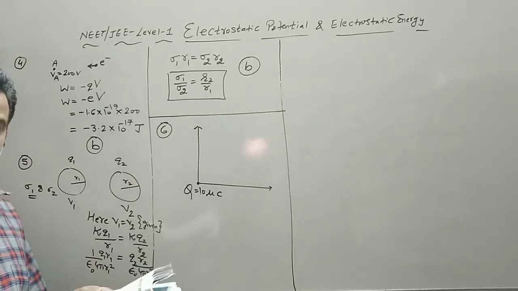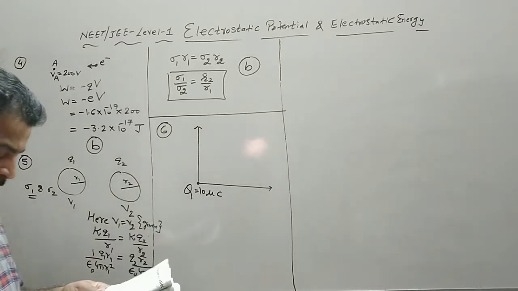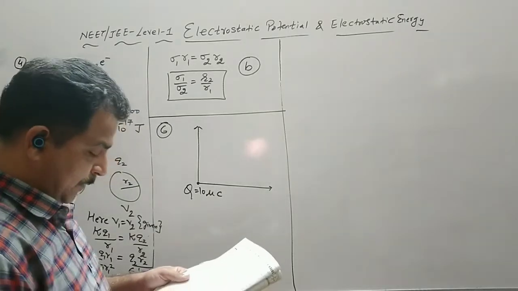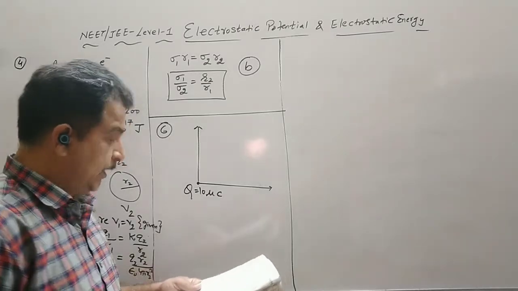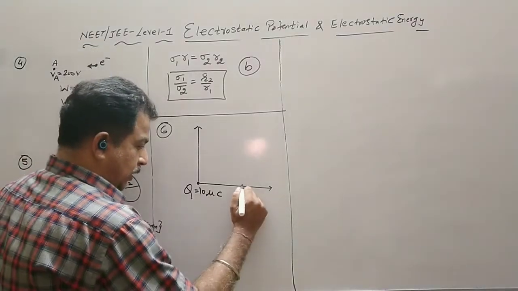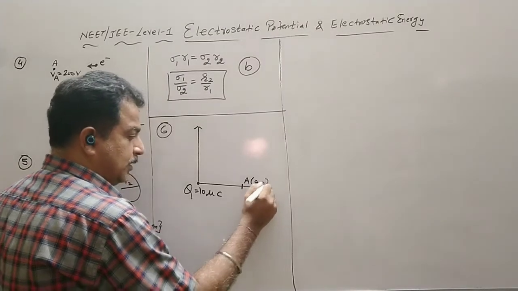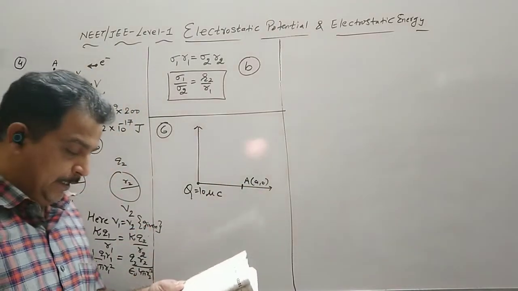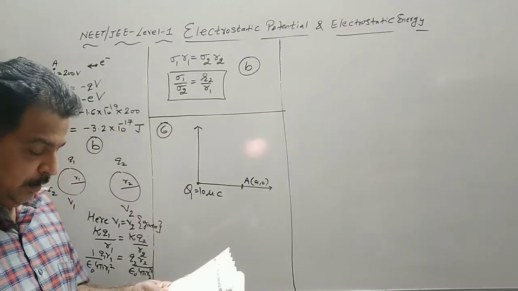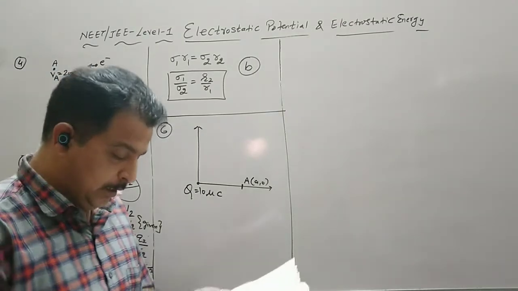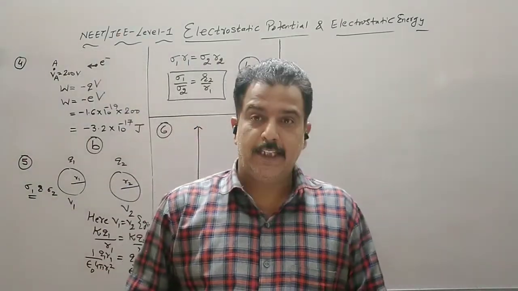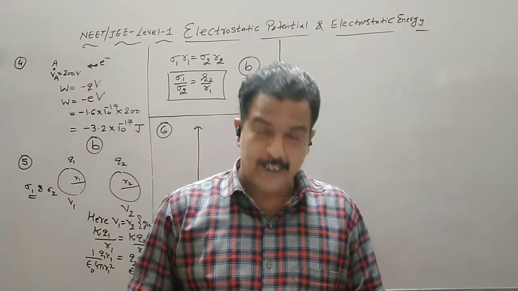The potential difference in volt between 2 points. One point has a coordinate A, 0. So that is on the x-axis. So this is a point whose coordinate is given, say point A. And another point has a coordinate A by root 2 and A by root 2.